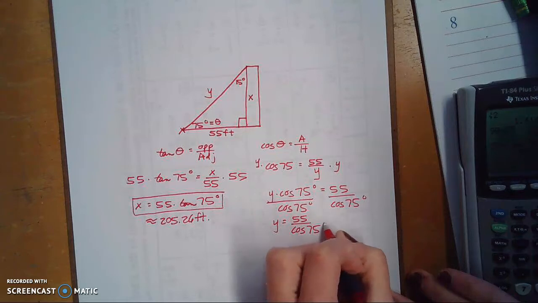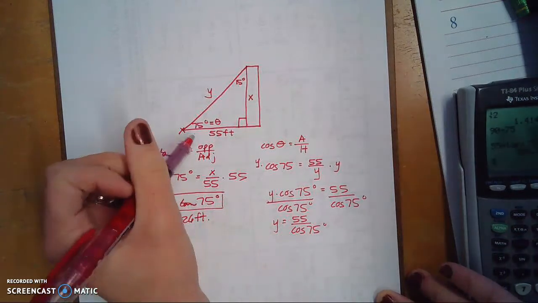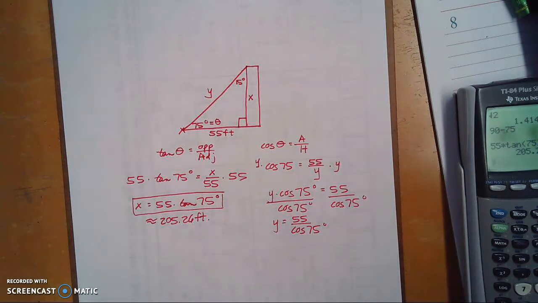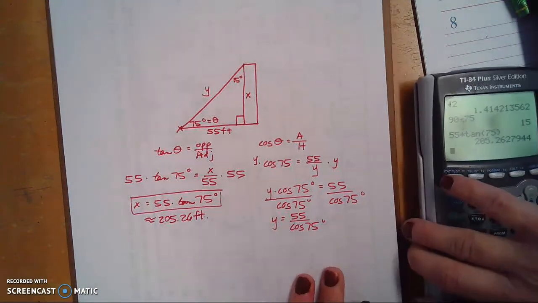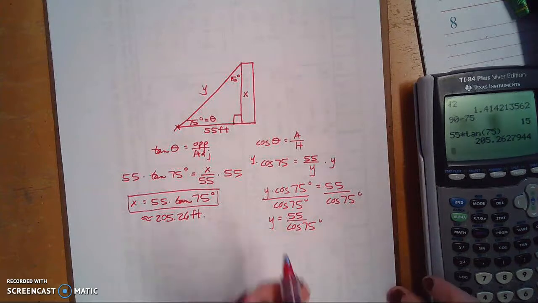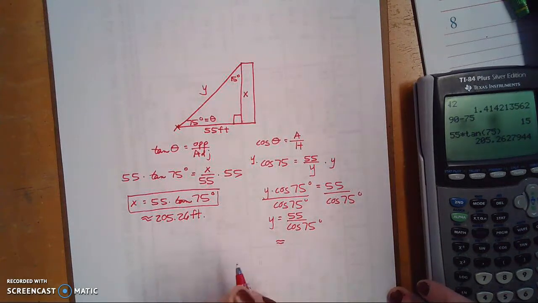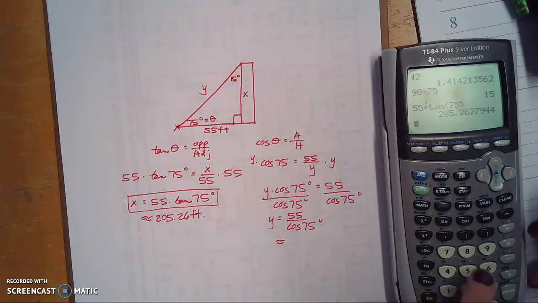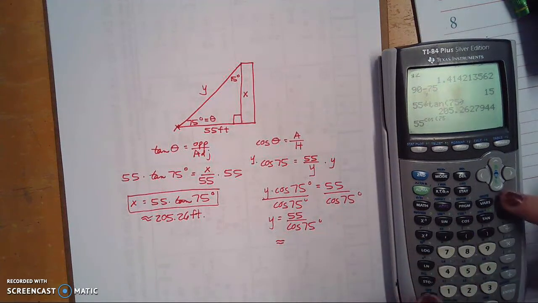And notice here, a 75, 15, 90 right triangle is not one of our special right triangles. Thus, we can't set up the ratio of sides and find the exact value. When dealing with an angle that's 75 degrees, we're going to have to rely on our calculator. So we're going to have 55 divided by the cosine of 75 degrees.